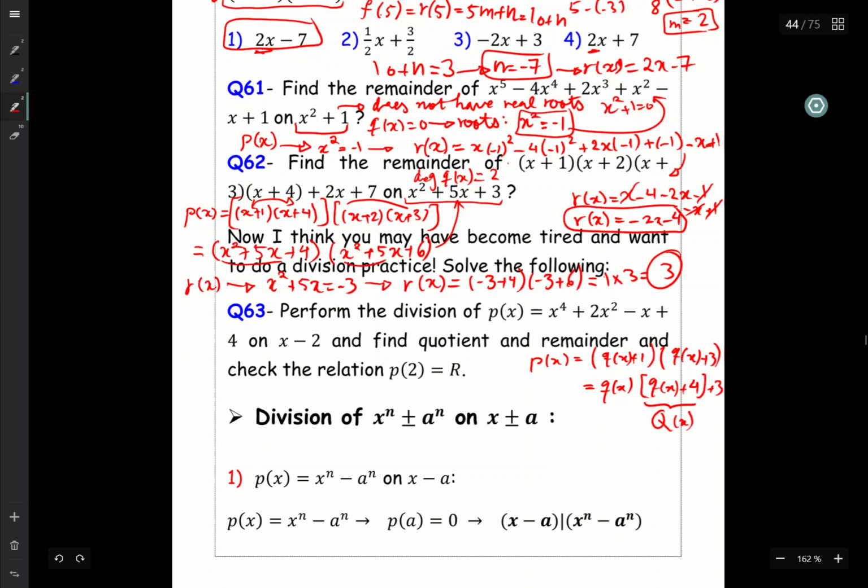So the remainder is a constant number here, which is 3. We just immediately found it, and we also found the quotient. So you take q of x, add 4 to it, and it becomes the quotient. So this was a shortcut, and it just works for this particular question, but it's interesting to know.